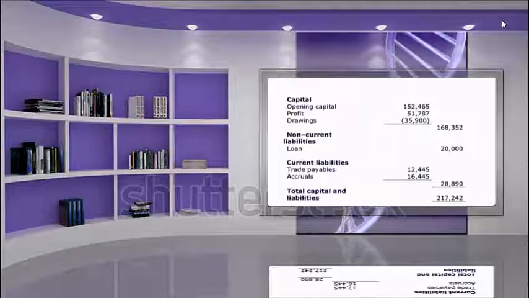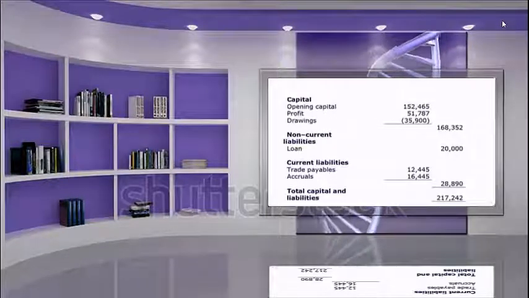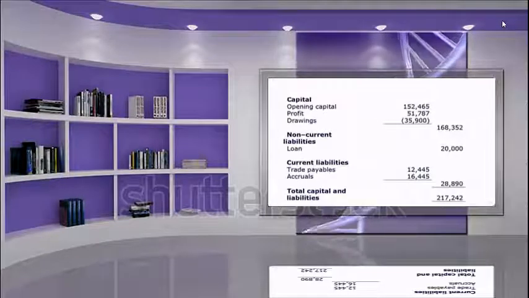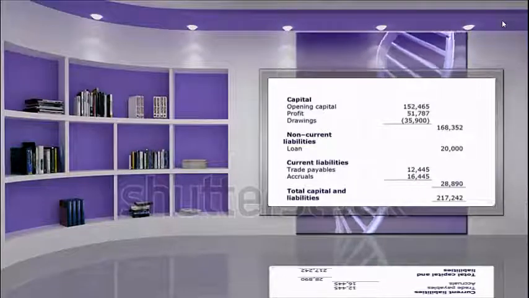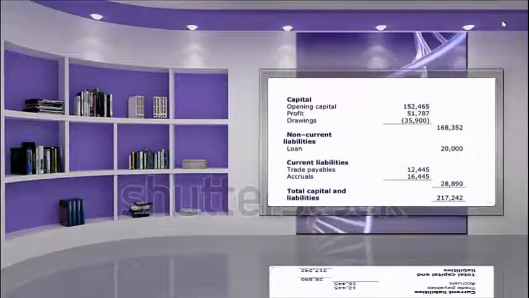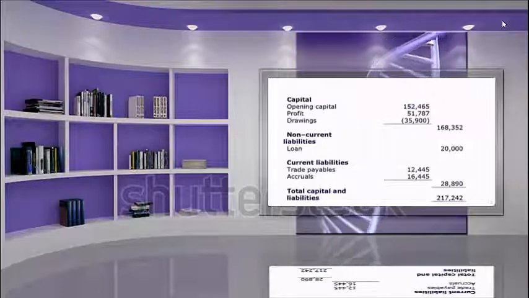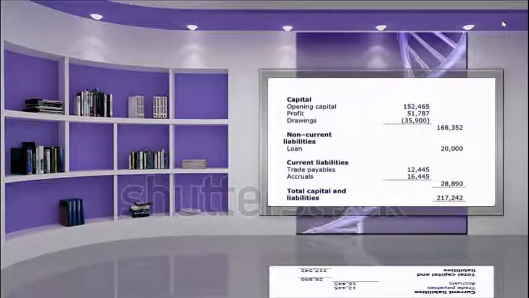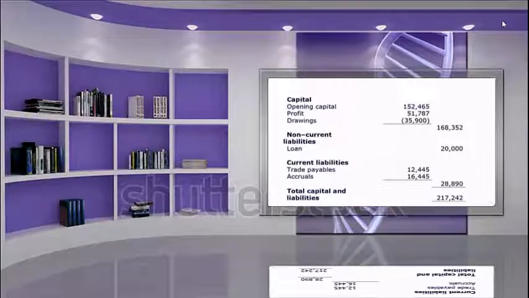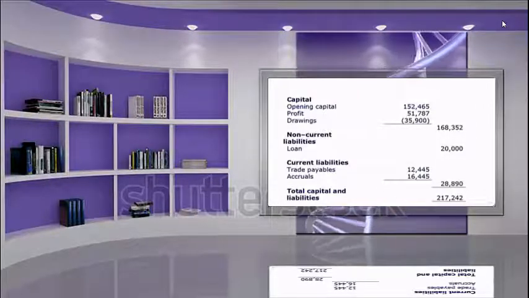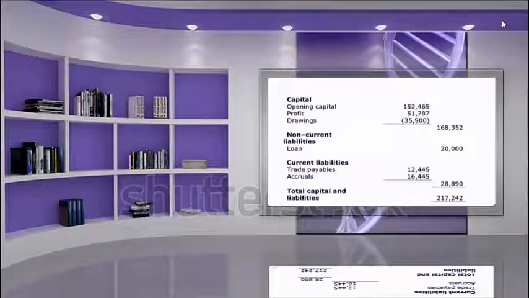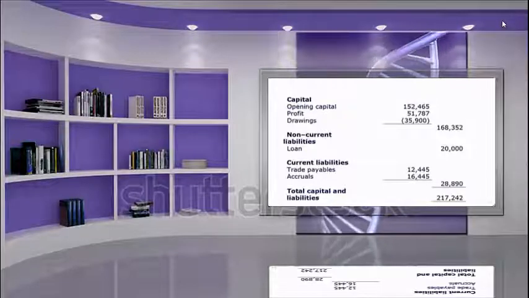The opening capital, the amount the owner has physically put into the business, plus the profits that the owner has made in the year, and that would come from our statement of comprehensive income. And then we would minus any monies taken out of the business by the owners of the business.